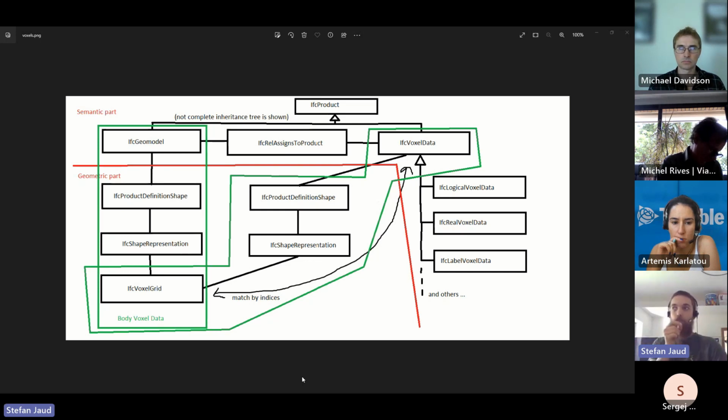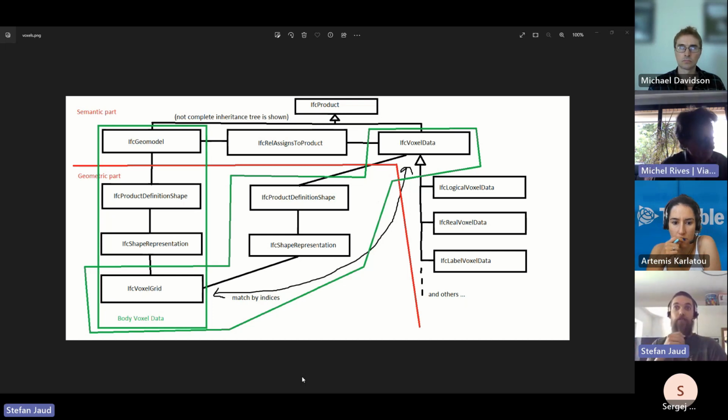The same index within the voxel data has the corresponding pair at the same index within the voxel grid, because they both are modeled as a one-dimensional array, where you have first the x's, then the y's, then the z's listed in one-dimensional form.